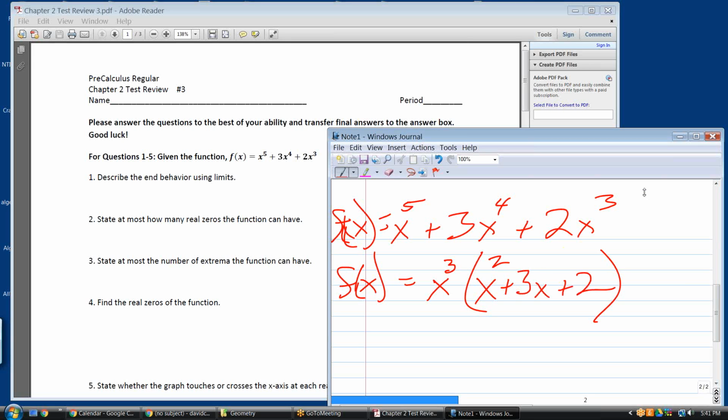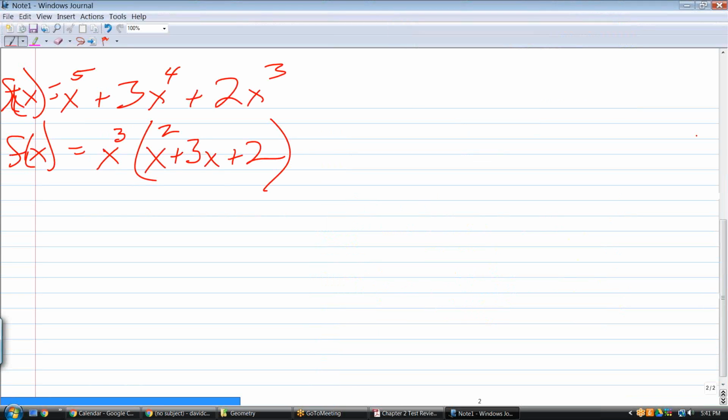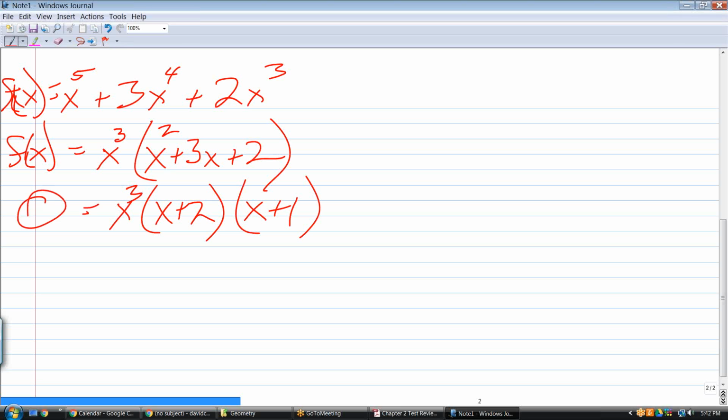Okay, what's the next step? Find the factors of x squared plus 3x plus 2. Okay, what's that? x plus 2 and x plus 1. So what are the zeros of this thing?